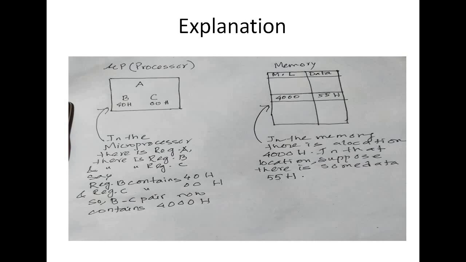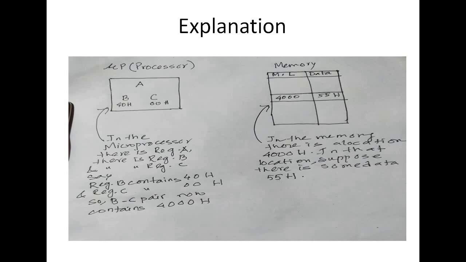In the microprocessor there is register A, register B, and register C. Let us say register B contains 40H and register C contains 00H. So the whole BC pair will now contain 4000H, right?